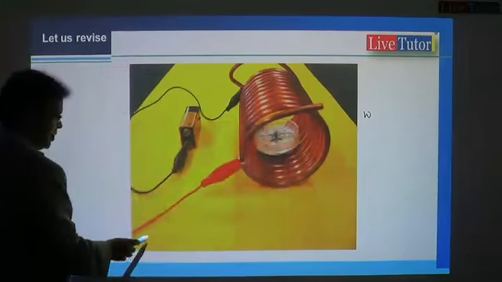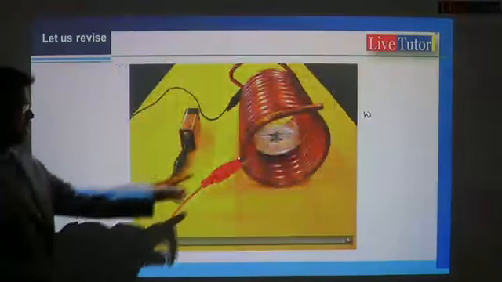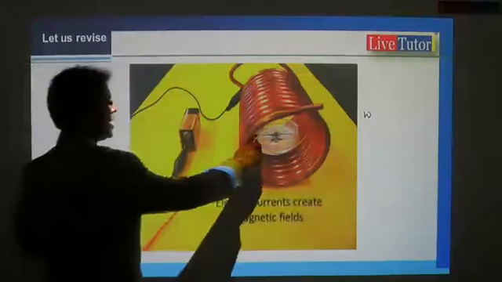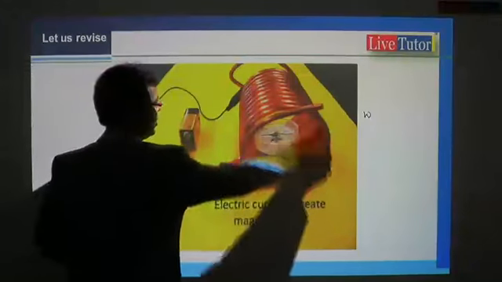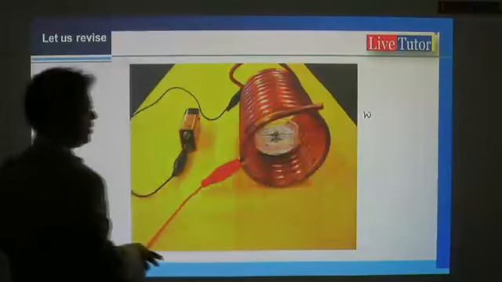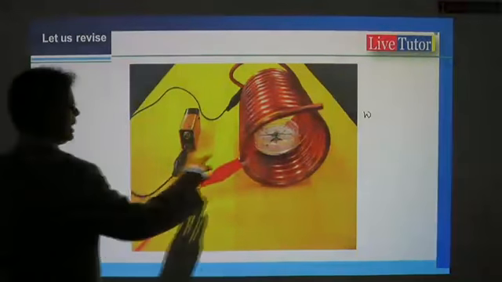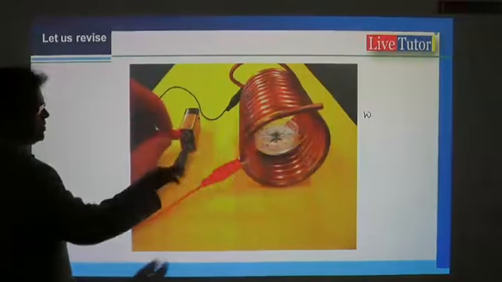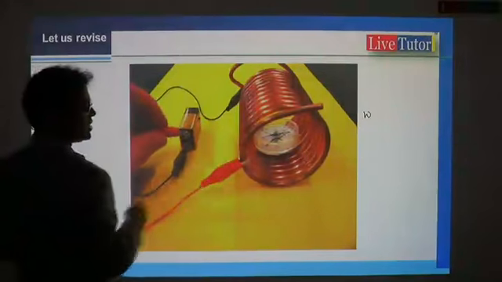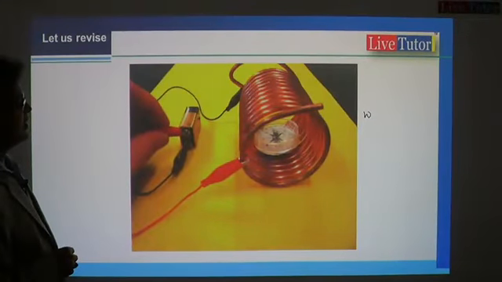Now once the current is applied, what happens? Look at that again. When there is no current flowing, the compass needle is along the direction of the coil. Once you connect the battery, the current will start from 0 to maximum, and at that time the needle will be deflecting. Once the current becomes steady, you see, what is the direction of that compass?